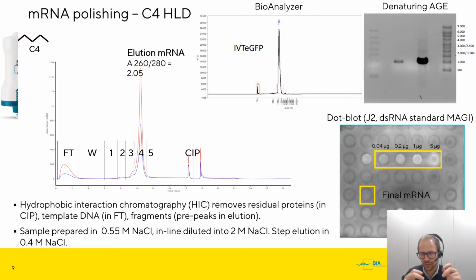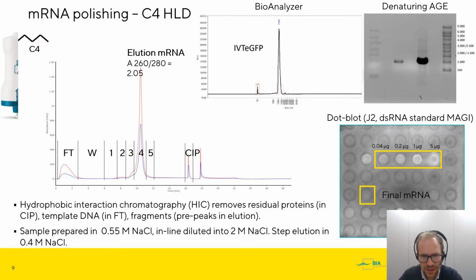interactions weaken, and eventually the mRNA comes off the hydrophobic surface of the column, and this gives us selectivity between mRNA molecules of different hydrophobicities. This can be shorter fragments, this can be residual DNA present together with mRNA, and we demonstrate selectivity between single-stranded RNA and double-stranded RNA using this approach.